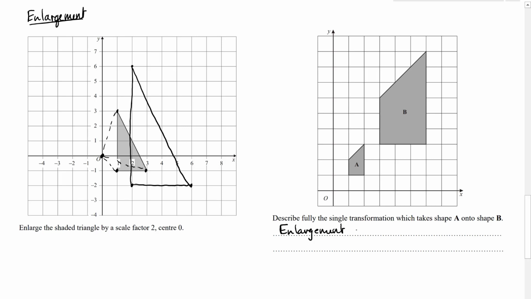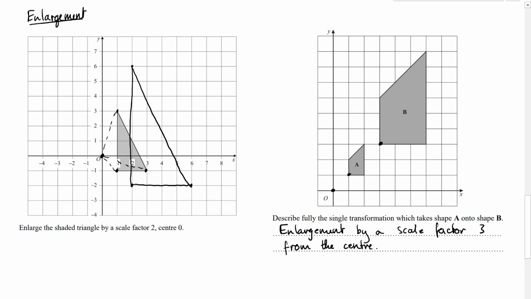It's an enlargement by a scale factor of 3 from the center, and we need to find the point that is 3 times as far away from this point on B as it is from this point on A, and that would be the origin here.